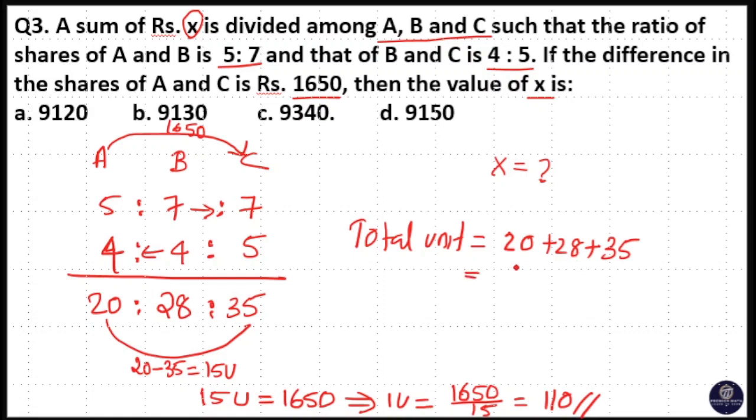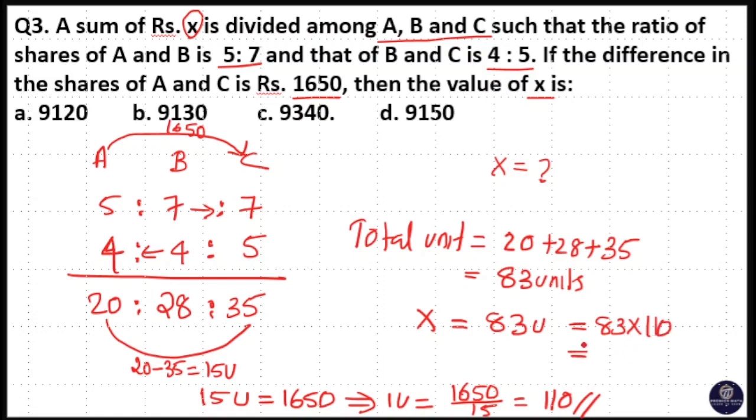That is 55 plus 20, 75, 75 plus 8, 83. So 83 units. So X is equal to 83 units. That means 83 into 110.